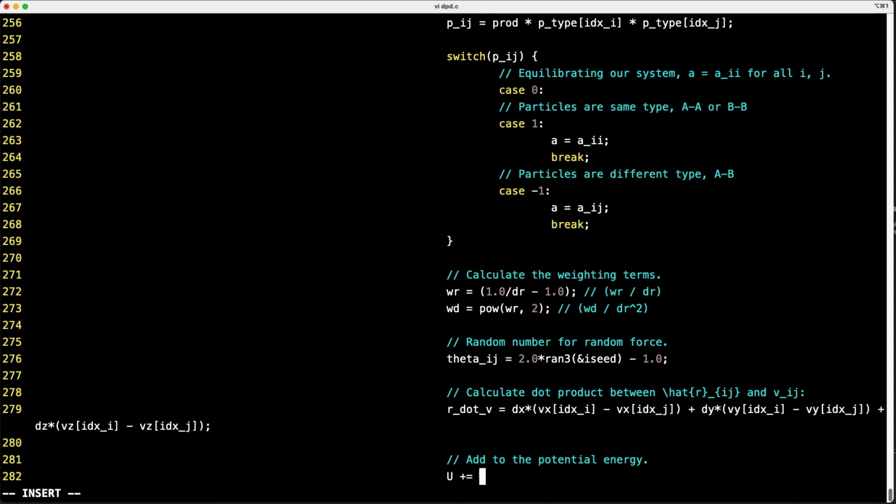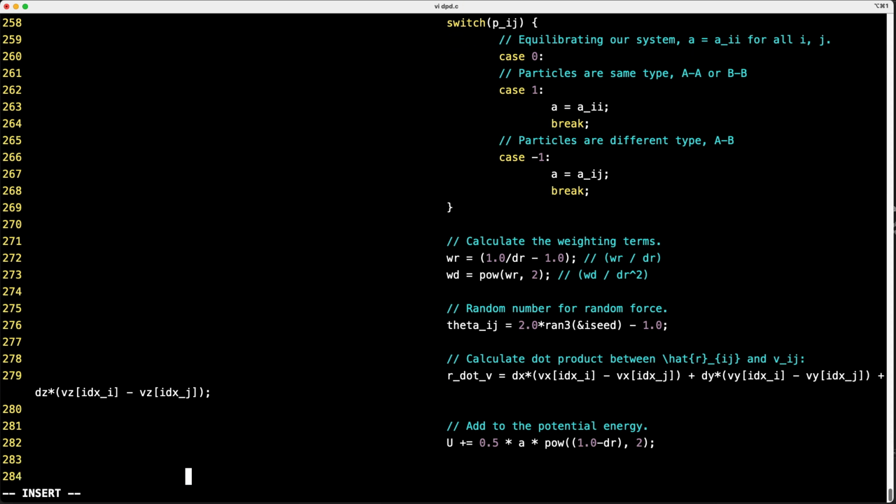And so the only thing that's adding to the potential energy is due to the conservative force. So this will be plus 0.5 times the strength of the conservative force, and then times 1 minus dr squared, right? So it's a harmonic force, but we cut it off at RC, so it's kind of like half a parabola. And I think that's it.